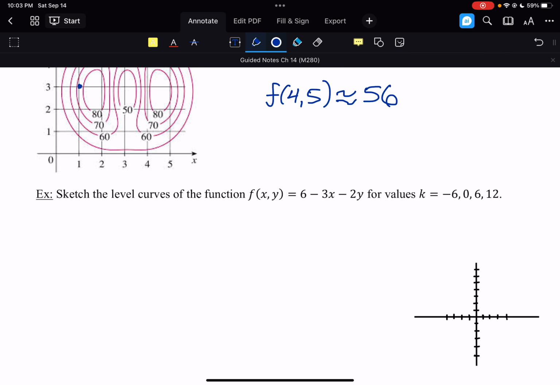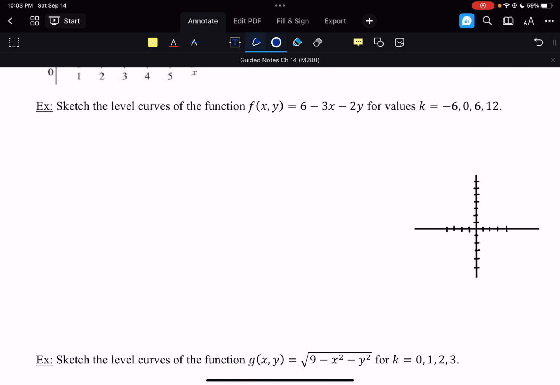Let's try actually graphing a little bit. Sketch the level curves of the function 6 minus 3x minus 2y for these different k values. So for our level curves, we're going to take the function and set it equal to k.